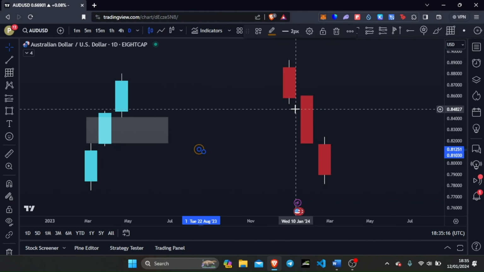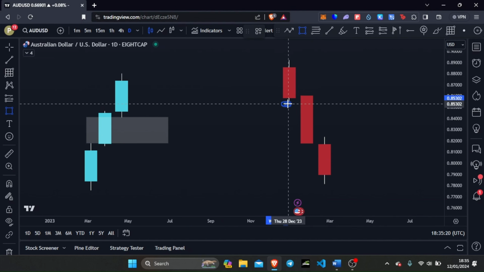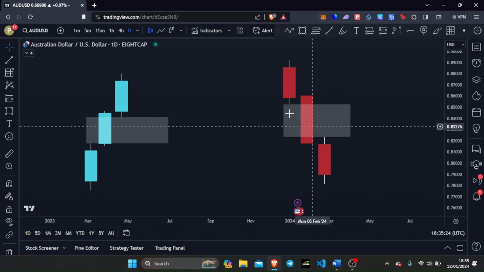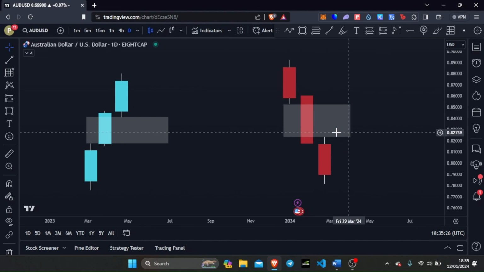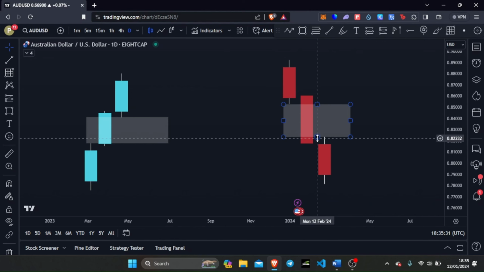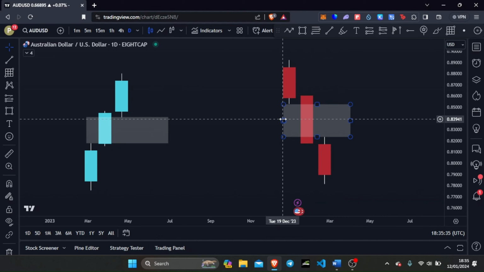Now, if we take our drawing tool and mark out the difference from this wick to this wick right here, we can see that in this entire area, there was only selling available and no buying was actually happening. Therefore, this is an inefficiency.